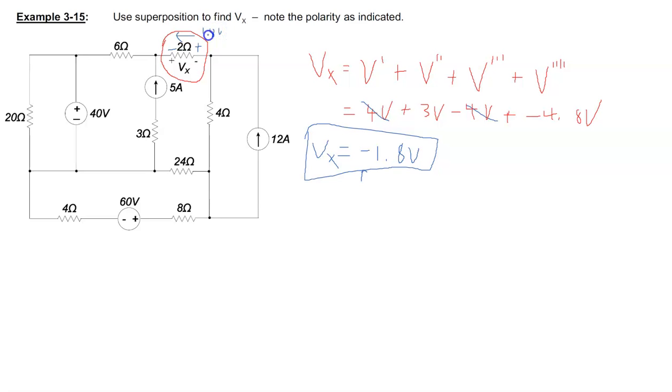And so the actual polarity of the voltage drop across there is opposite to what was first assumed. And the initial assumption is arbitrary, because when you look at that network, you're not sure which way the current goes through there, so you don't know the polarity. And so this gives you very specifically the final polarity as well.